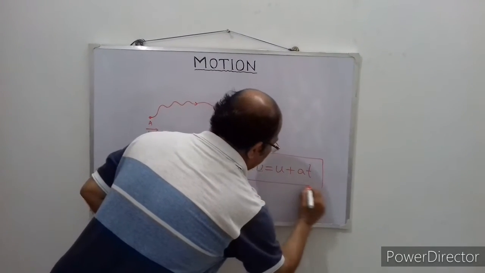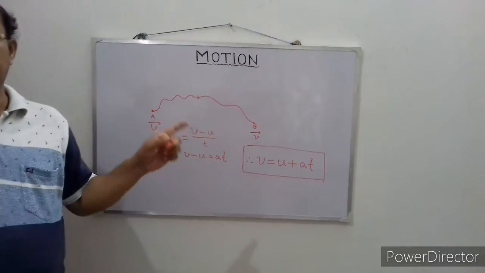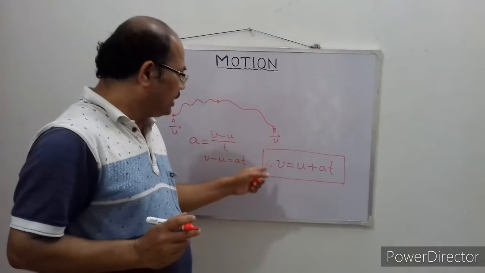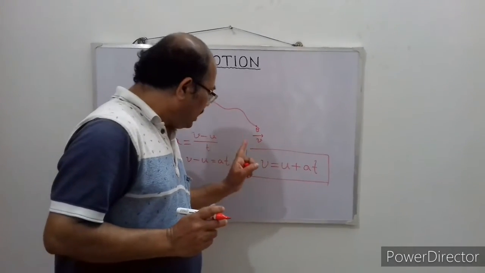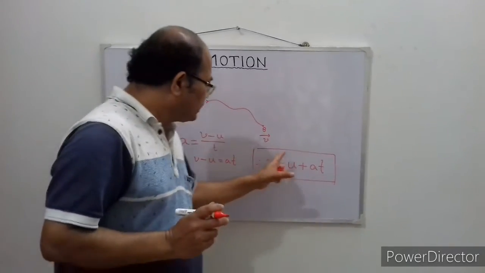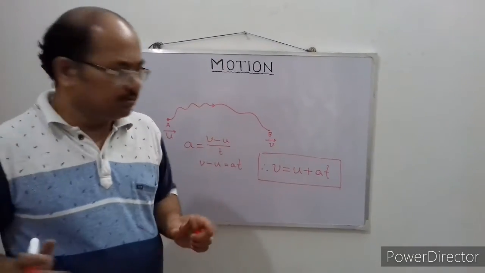This is the relation of initial velocity, final velocity, acceleration and time. By this equation we can find out the value of v, u, a or t, any of them, if the other three parameters are given.